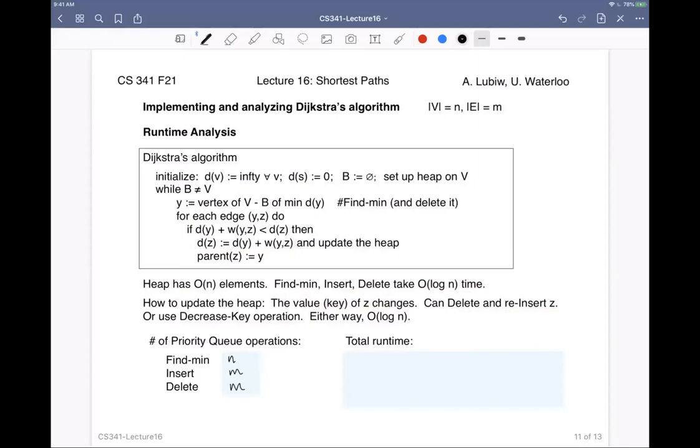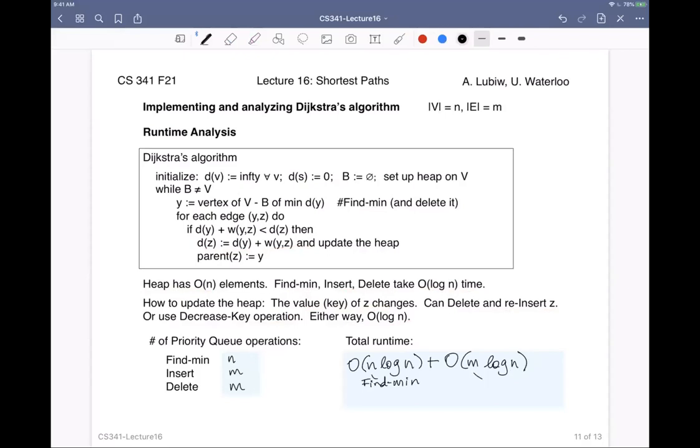So the total time is then going to be the same as it was for Prim's algorithm. This is the number of find min, log n per operation, plus order m log n. Now we are explicitly making a heap of size n.